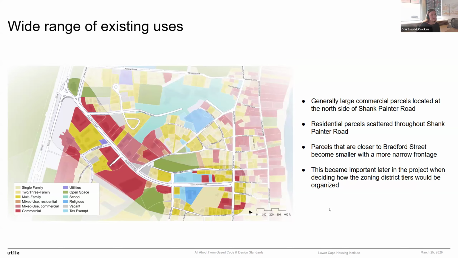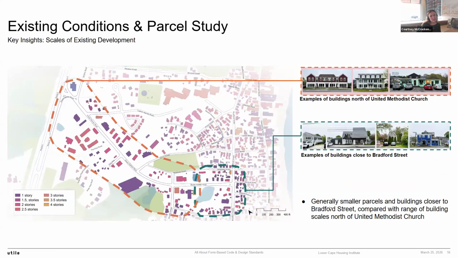But that was the key that we picked out, creating this division where we would separate those two zoning districts so that the entire site was not zoned under one sized form-based code, and that things could be unique to the existing conditions. And then again, looking at the existing conditions and parcel study, just looking at what the buildings that are currently there are.